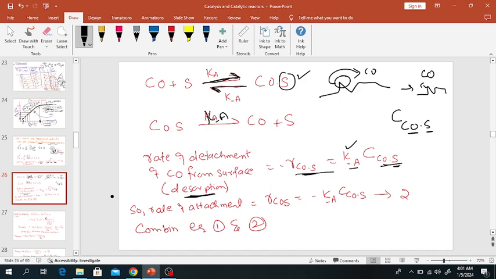This is the rate of detachment. The negative sign goes to the other side, and it becomes the rate of attachment of carbon monoxide on the active site.